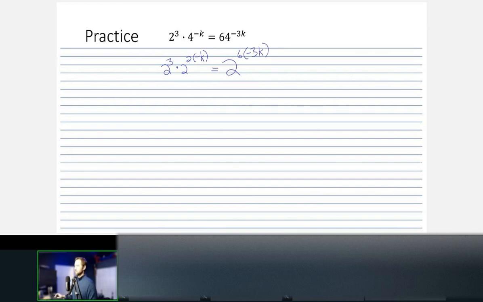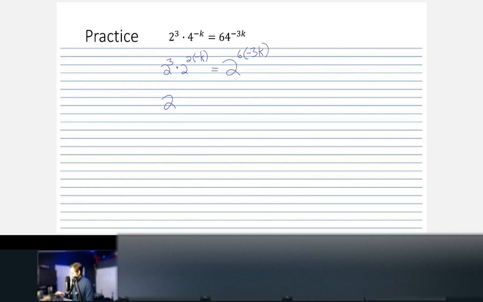All right, so now on the left side, we can add those exponents. So what do we get on the left side? 2 to what power? Two.